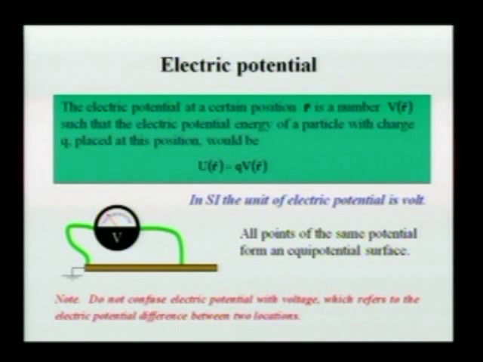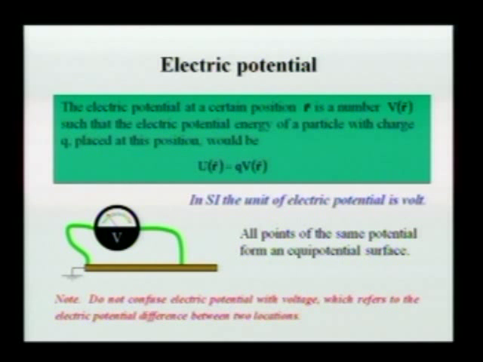Now, you probably heard the word voltage, although I prefer that for a while we don't use the word voltage. Rather than voltage, we will use what it means. Voltage is, well, kind of an almost slang word.